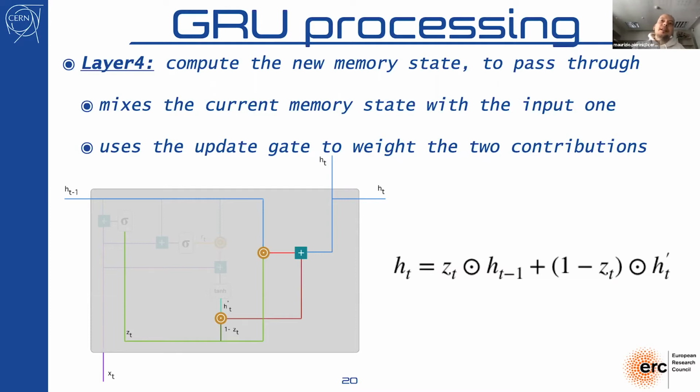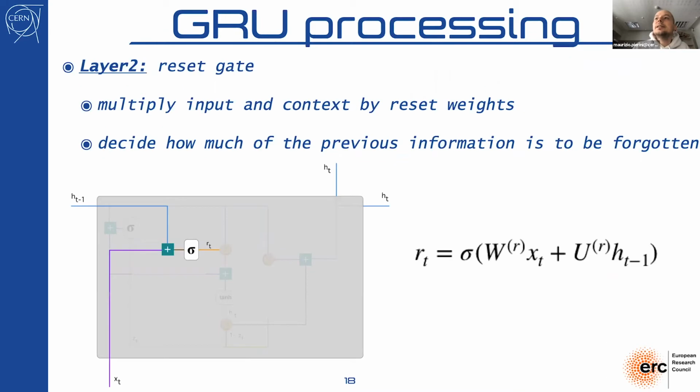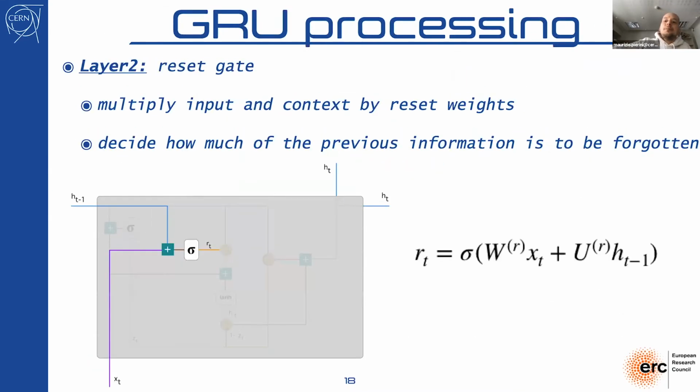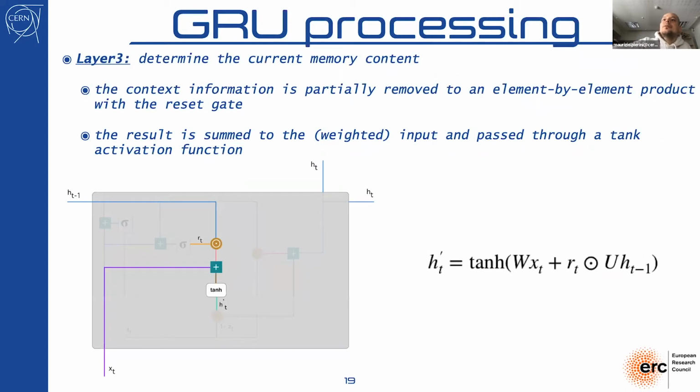Here is different in the sense that not only you update it, but you somehow downplay it with this R gate. So this R, which is this number between 0 and 1, when you multiply it here, you decide that basically only a fraction of it should determine the new state of the cell.